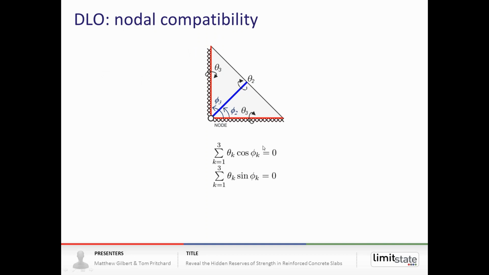And we show that this is actually analogous to resolving forces in a truss. So exactly the same thing that you would do if you're resolving forces in a truss. You'd resolve in the x direction and the y direction, have expressions shown. The only difference is, instead of the quantities being forces, they're yield line rotations.